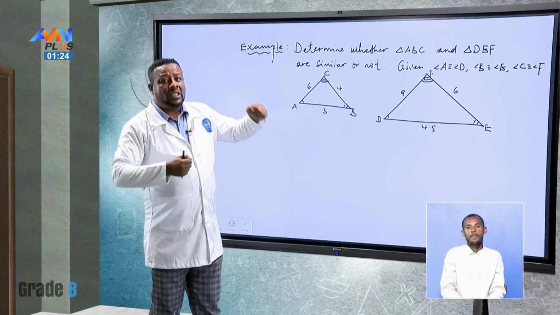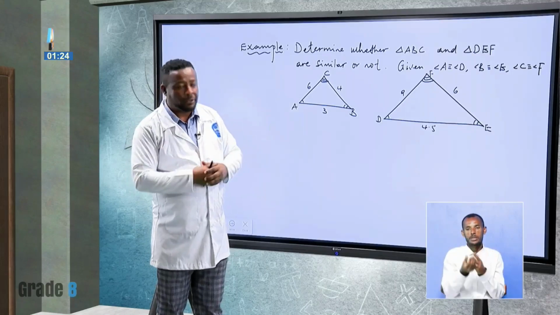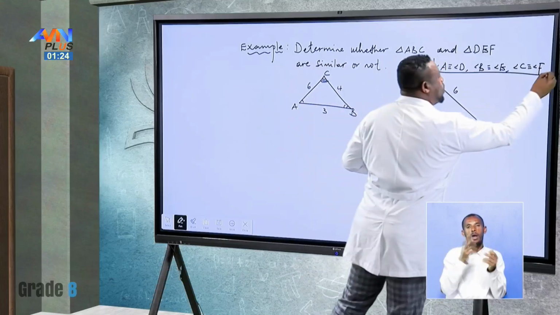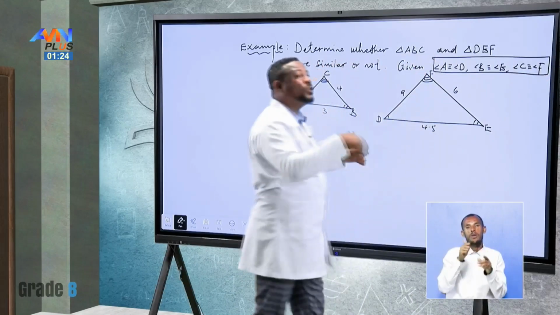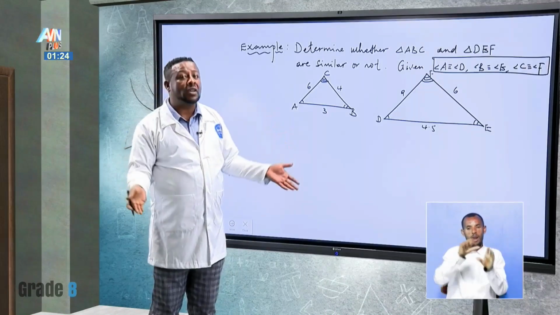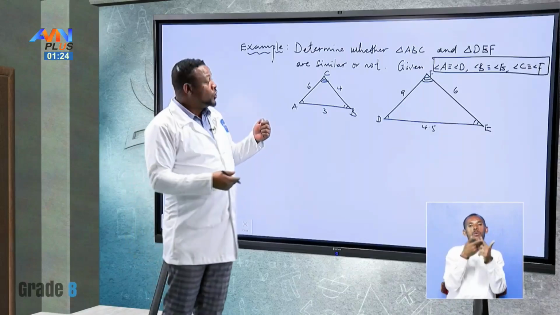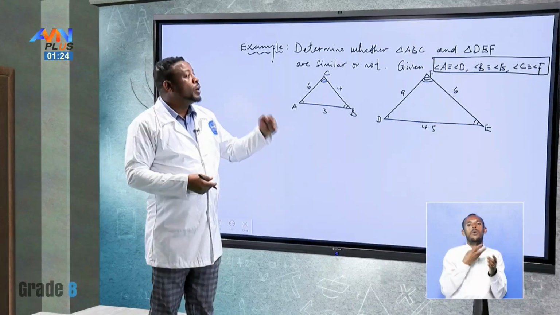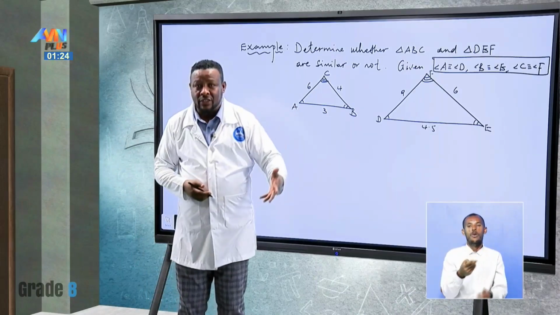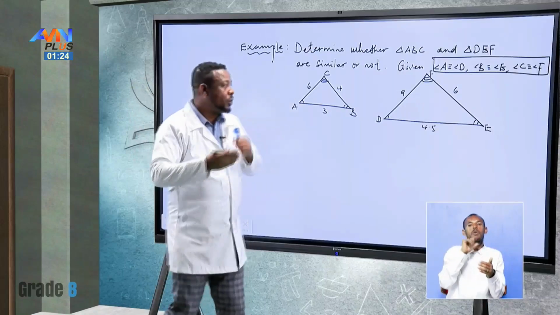So we will check whether these two conditions are satisfied or not. From the given information, we don't need to check the first condition on the definition, because all pairs of corresponding angles are congruent. So the only thing that we need to do here is check whether the ratios of corresponding sides are the same or not.